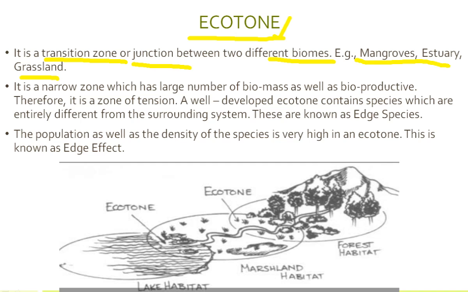Okay, it's a narrow zone which has a large number of biomass as well as bioproductivity, and therefore it is known as a zone of tension. A well-developed ecotone contains species which are entirely different from the surrounding area, and this is why these species are known as the edge species. Population as well as density of the species in an ecotone is very high, and this is known as edge effect. Remember these terms: edge effect, edge species.